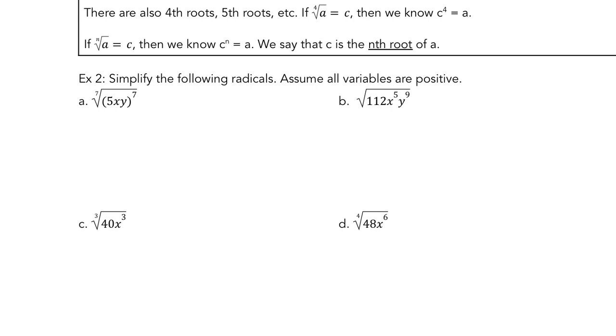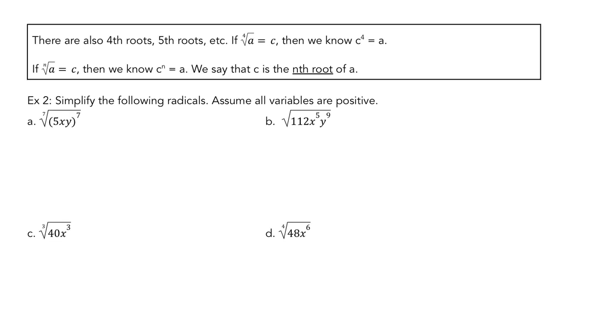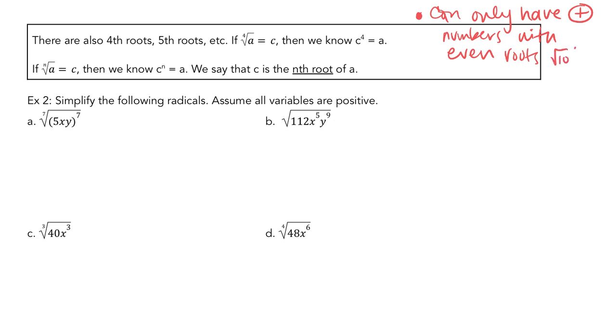All right. I feel like we need to make a note here. You can only have positive numbers with even roots, like the square root of 10 or the fourth root of 60.